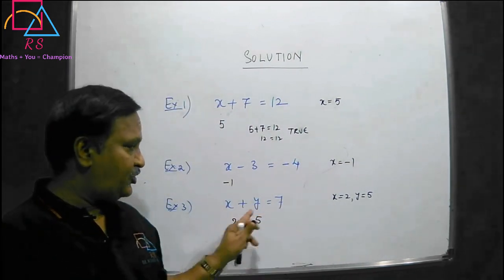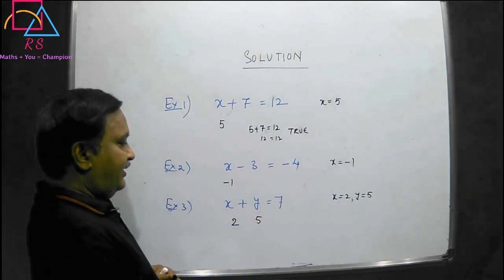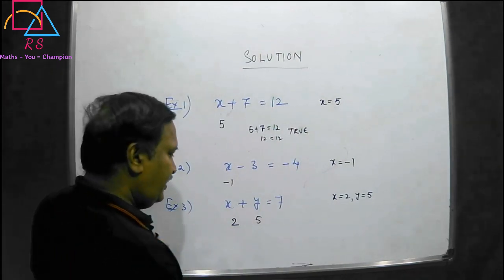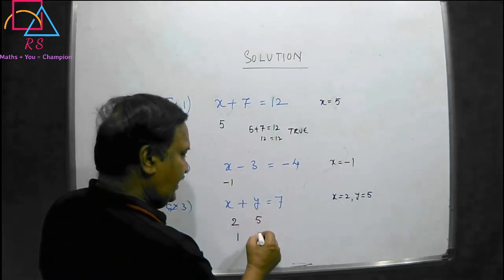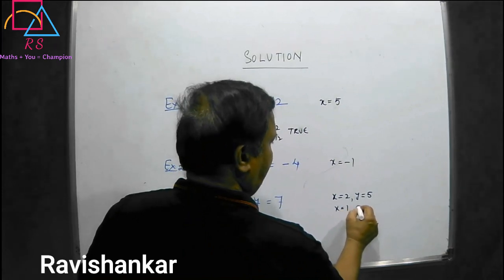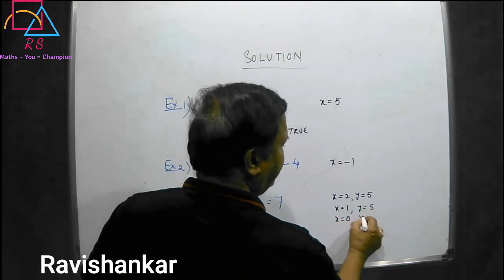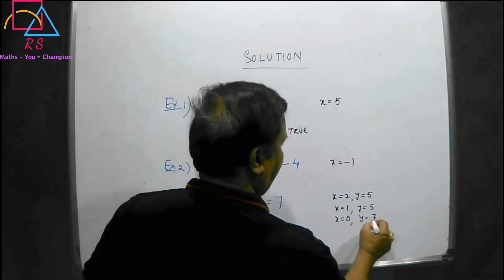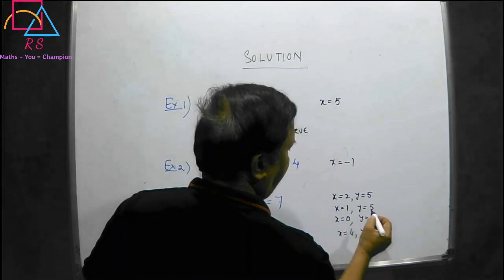Two values, because there are two variables, two values should be there. Suppose I take x as 1, then what happens to y? y is equal to 6. So, x is equal to 1 and y is equal to 6. Like this you get so many values: x is equal to 4 and y is equal to 3.